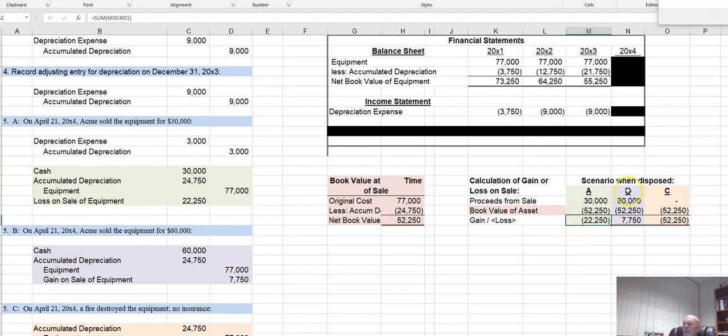In the purple, part B, what if we sold it for $60,000? This time we're going to debit cash for $60,000, still get rid of the equipment, both pieces, the original cost and the accumulated depreciation. And this time we sold it for more than book value. That means that we had a gain, and that gain was $7,750. So we would credit the gain account for $7,750.